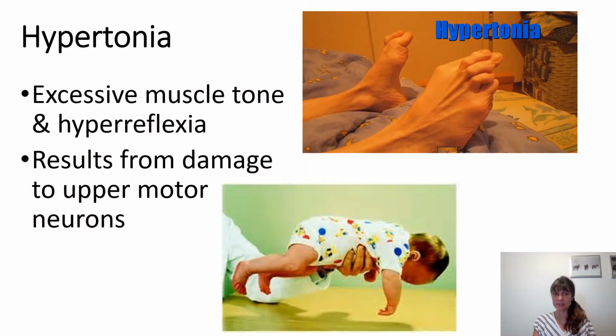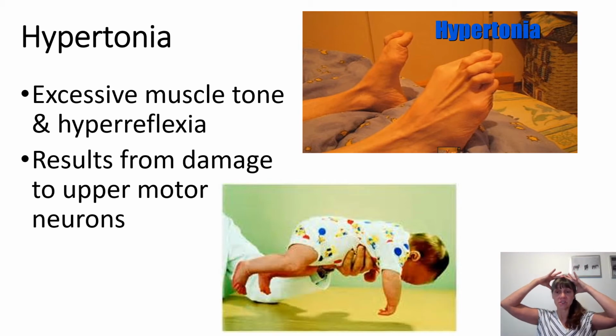Hypertonia is the opposite. It's excessive muscle tone, contraction, and hyperreflexia, usually resulting from damage to the upper motor neurons. Remember when we looked at the motor unit, which was a single somatic motor neuron that goes from the spinal cord to the skeletal muscle? That neuron is referred to as a lower motor neuron.